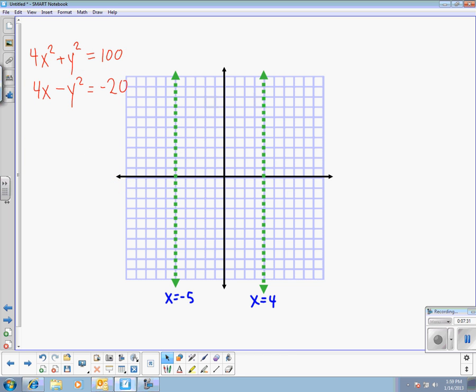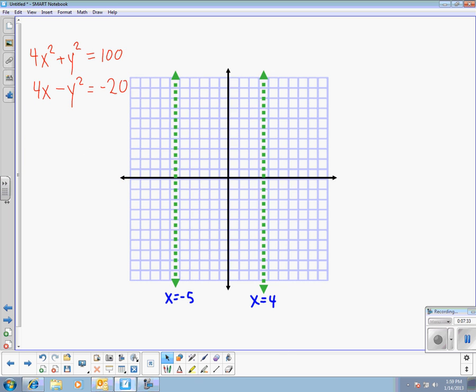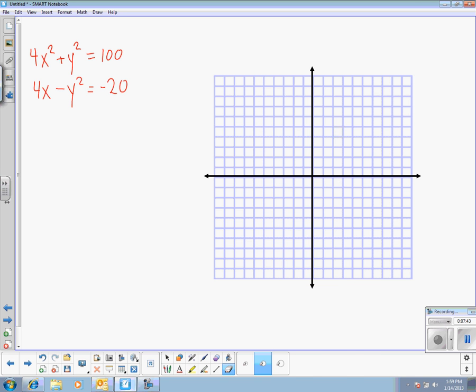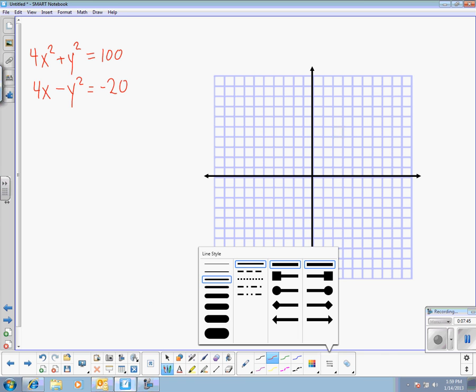Okay, so the first equation, let me get rid of all this stuff. Okay, now I'm ready. Let's graph the ellipse.